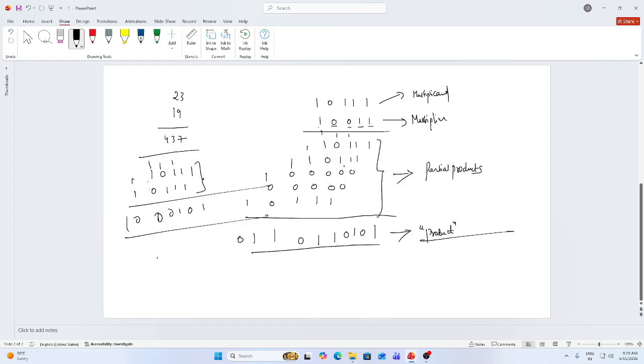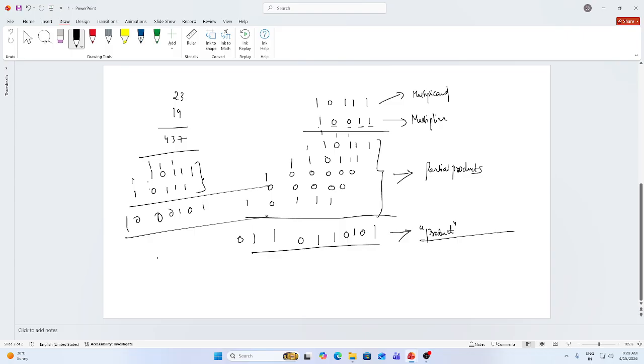The second thing is, whenever the multiplier bit is 1, I am writing the multiplicand here, and every time I am shifting the multiplicand left. So instead of shifting the multiplicand left every time, I will shift the partial product right. That is the second modification.